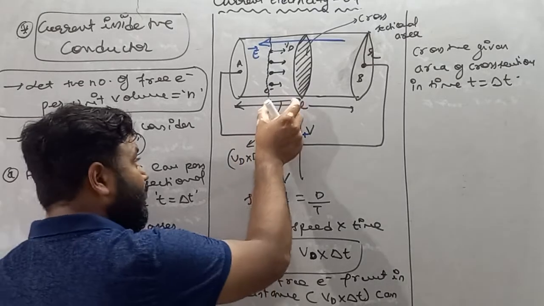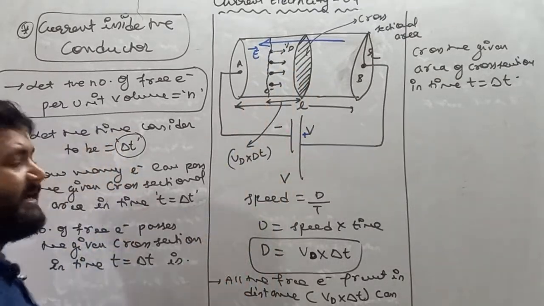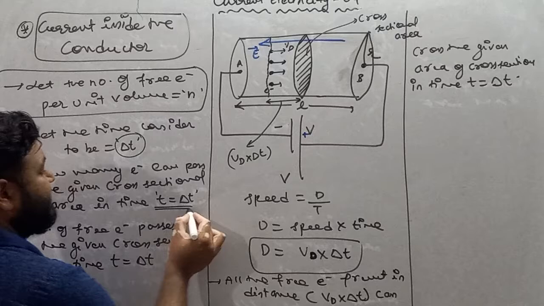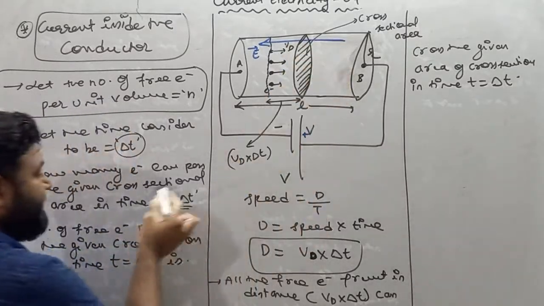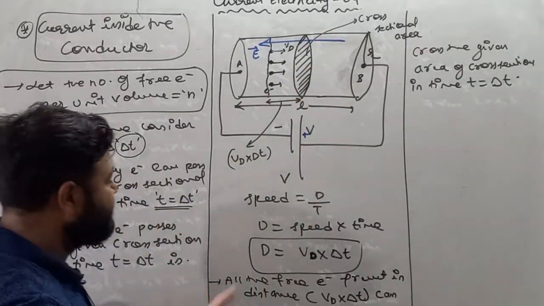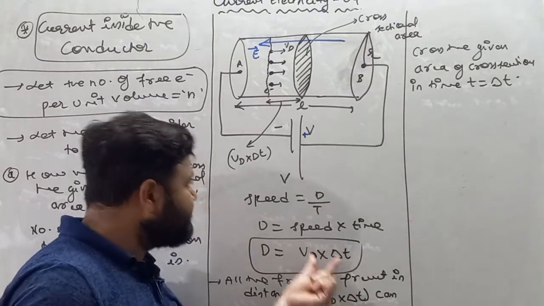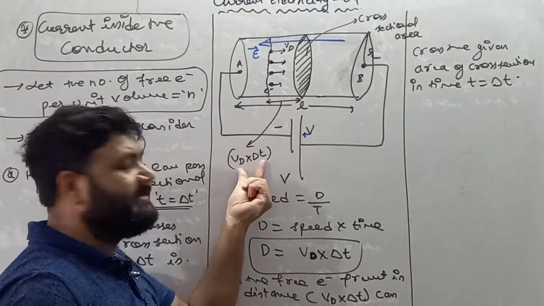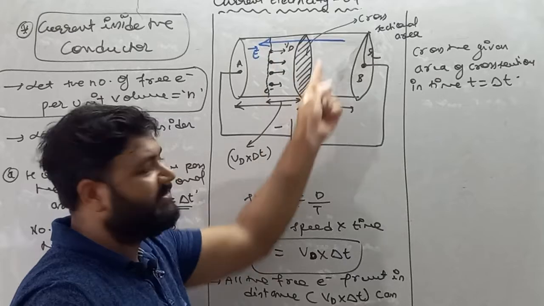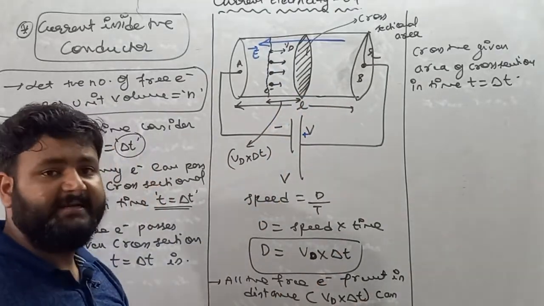Remember this. I am asking how many electrons can pass this cross section in time delta t. So the answer is all the free electrons which are present in distance Vd into delta t can pass the given cross section in time delta t.